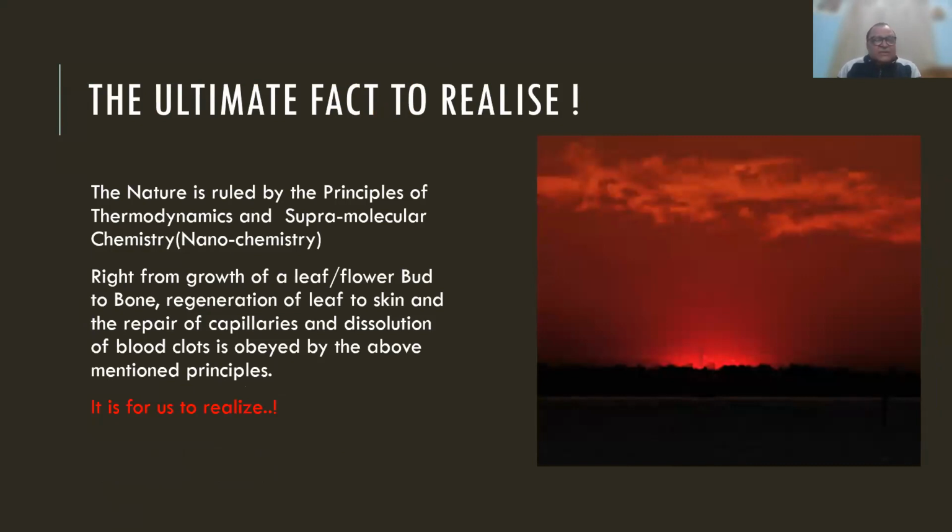It is for us to realize, because once somebody undergoes a stroke, the doctor says, okay, till 36 hours I will not say anything. Why is bone repair always left for 6 weeks? This is nothing but the underlying supramolecular chemistry principles and thermodynamic principles coming into play, and then the matter is healed.